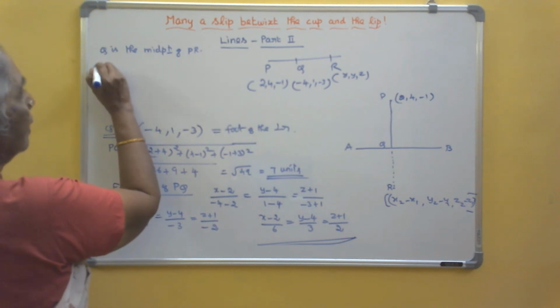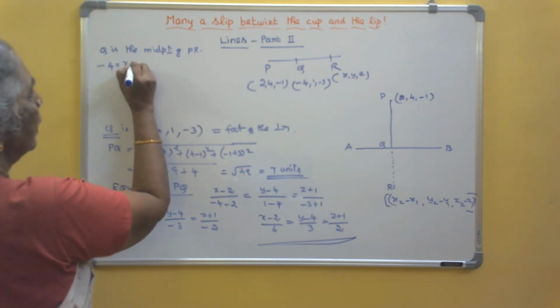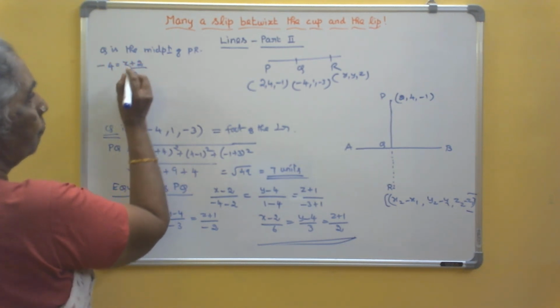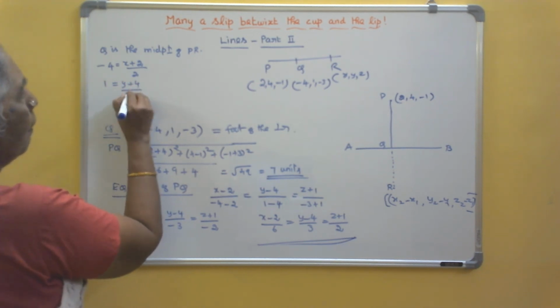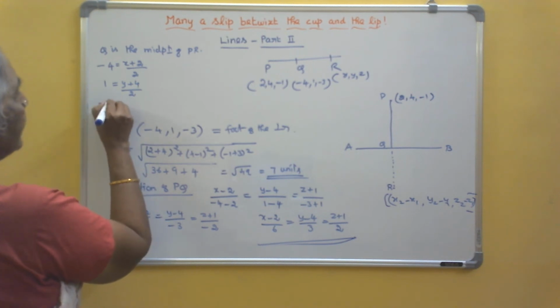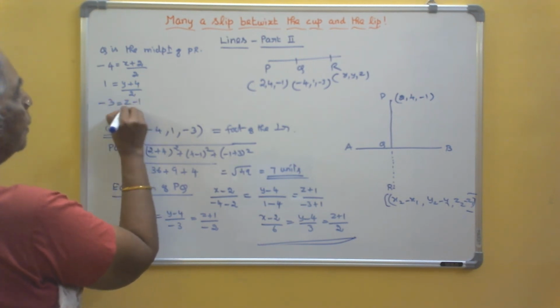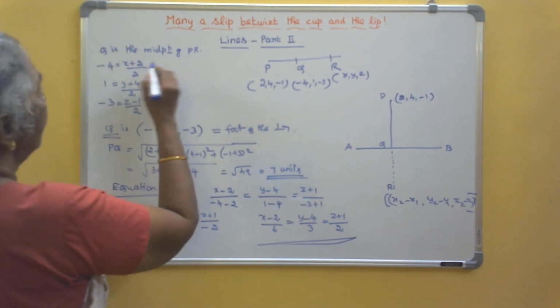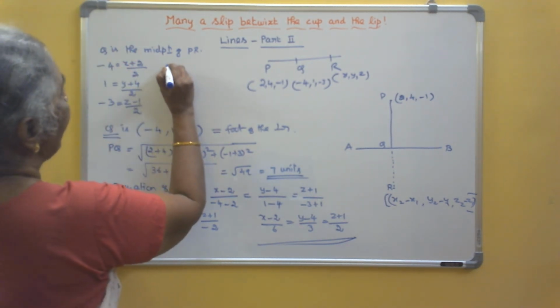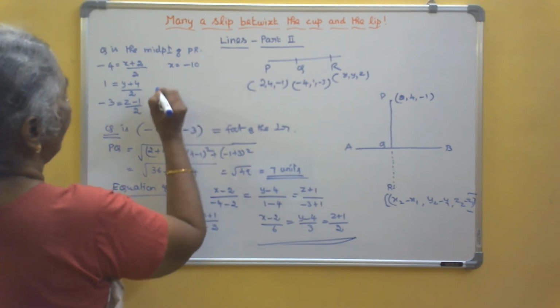So you will get minus 4 is equal to (x plus 2) by 2. 1 is equal to (y plus 4) by 2. Minus 3 is equal to (z minus 1) by 2, right? So now cross multiply, x plus 2 will be minus 8. So x will be equal to minus 10.